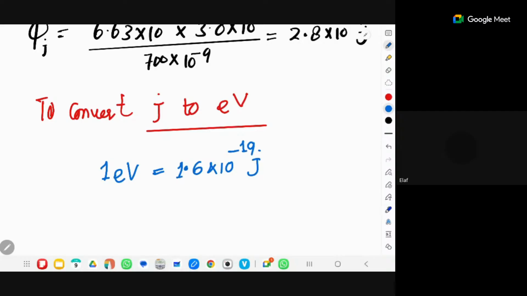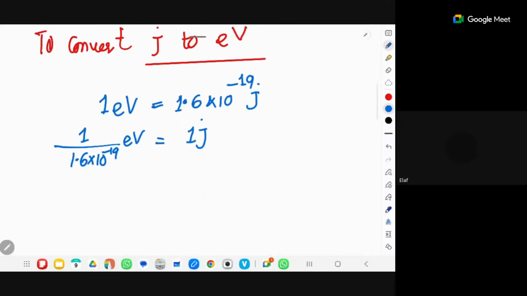This is very important, and you have to remember this. One electron volt is equal to this. That is, if I want to calculate, 1 joule is equal to 1 divided by 1.6 into 10 raised to the power minus 19 electron volt. So how many joules do I have?